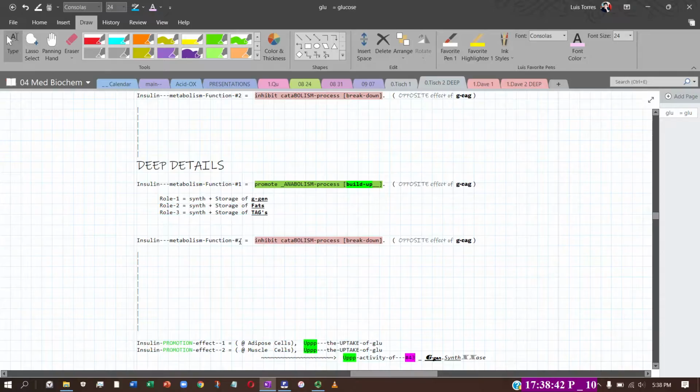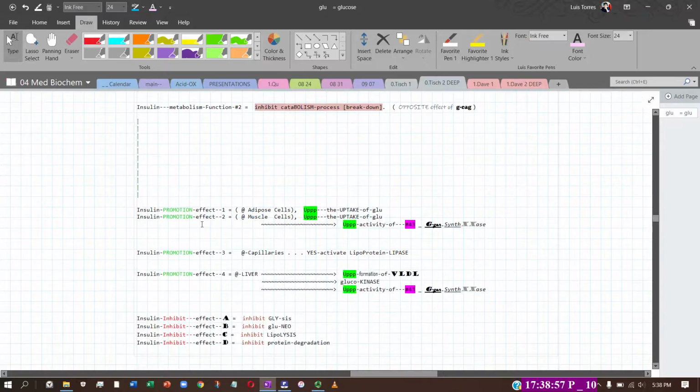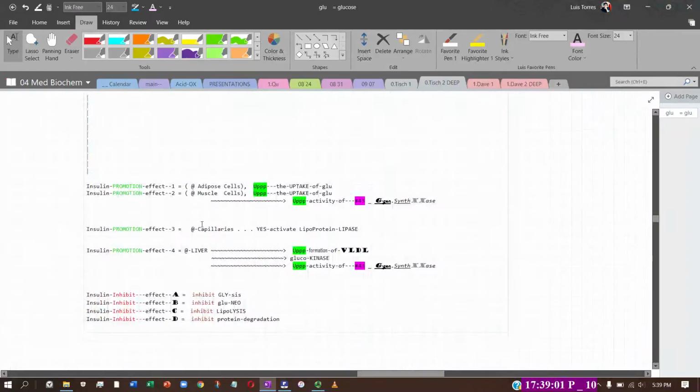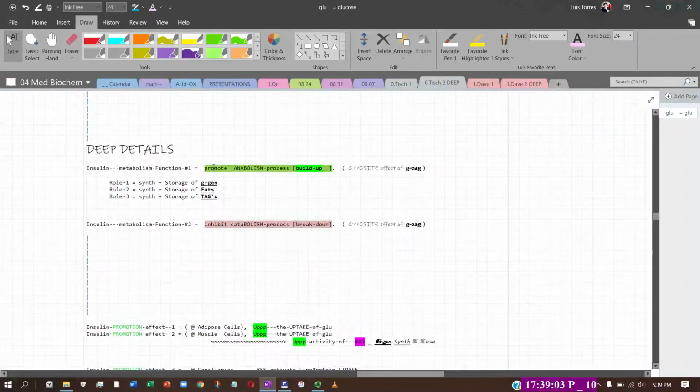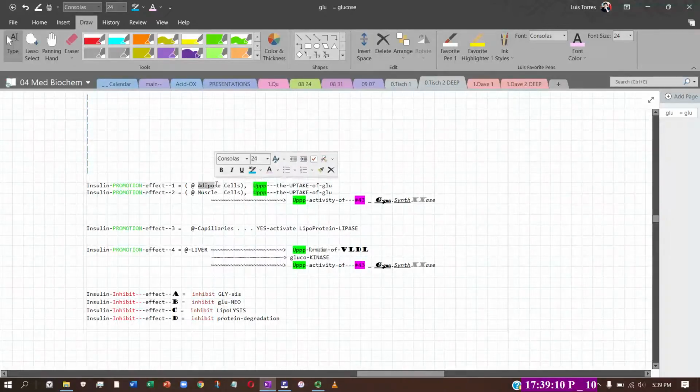For now, I don't have deep details about insulin's function related to the inhibition of catabolism. Moving on. Whenever insulin promotes these things, the first effect takes place at the adipose cells, and the uptake of glucose goes up.